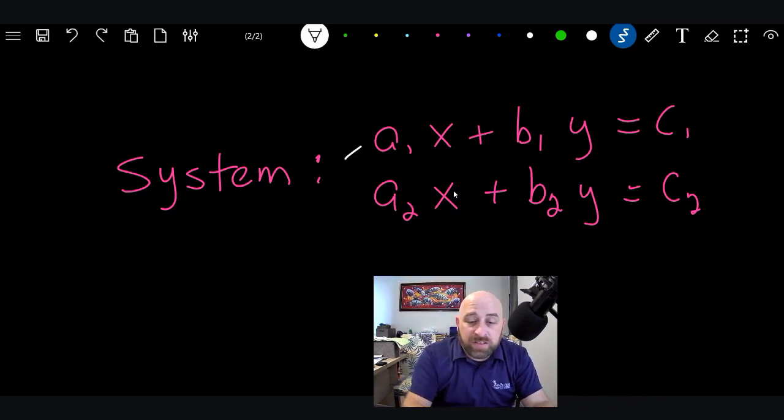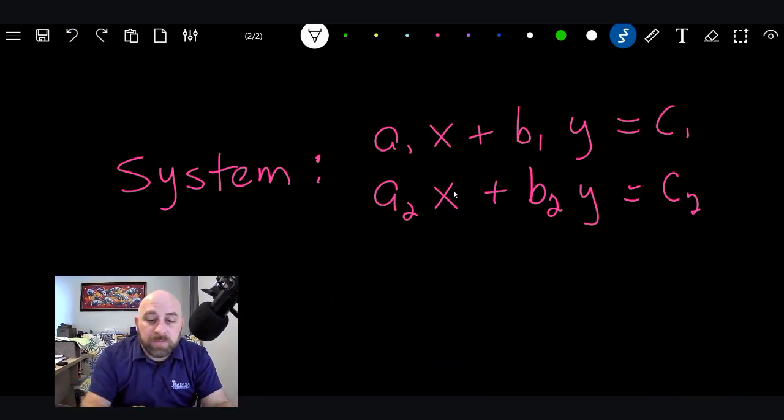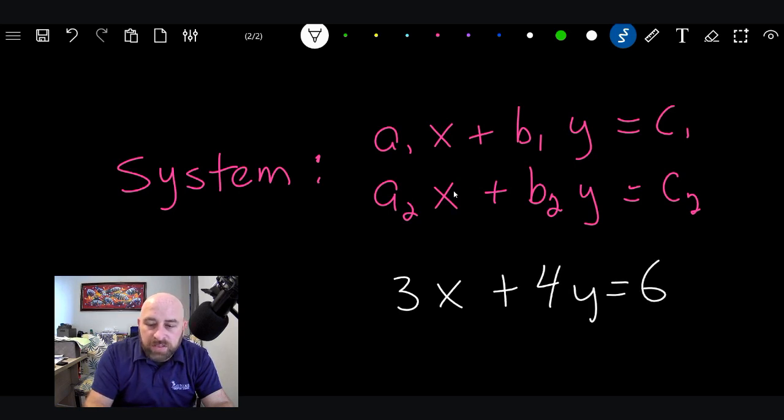This is our system of equations right there. Let's just put a random system down. Let's put 3x plus 4y equals 6 and 7x plus 2y equals 5.